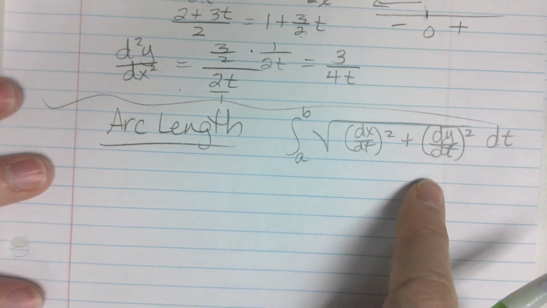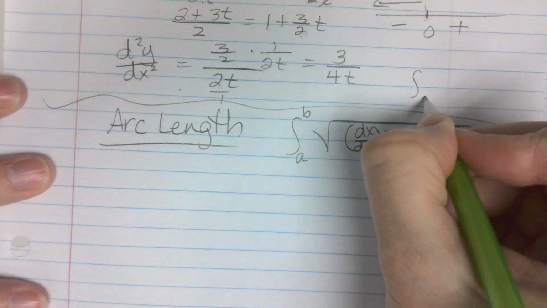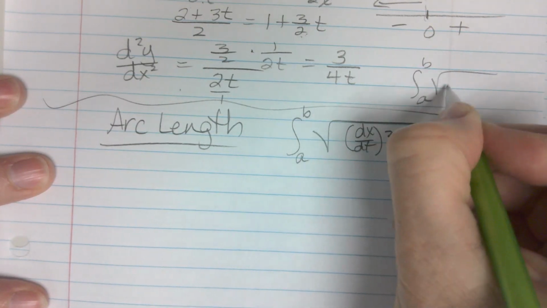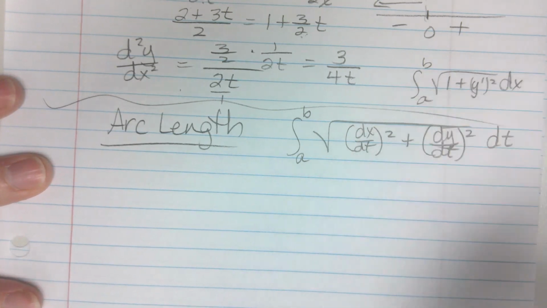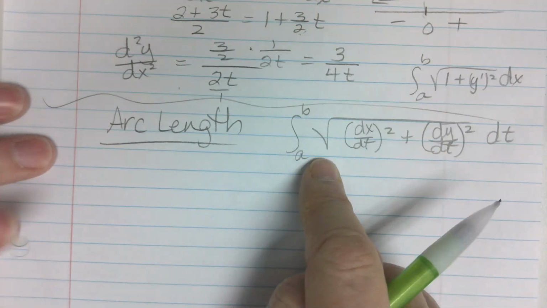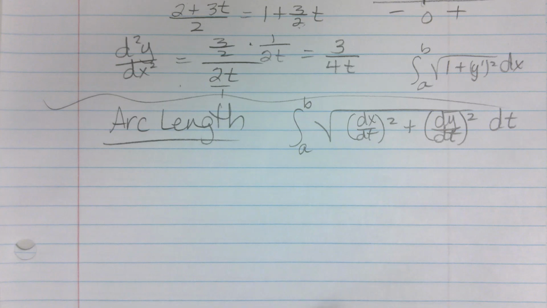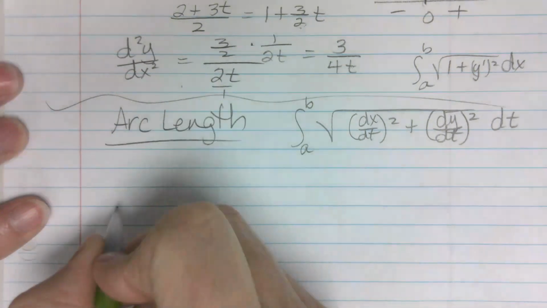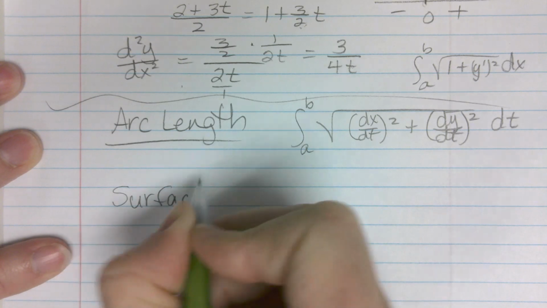Not parametric. But we morphed that, you know, the old one was a to b square root of 1 plus y prime squared, right? And it turns out we used some Pythagorean stuff and morphed it into that.